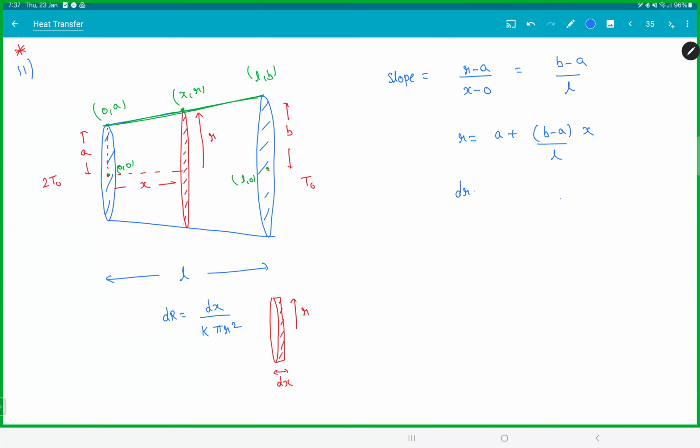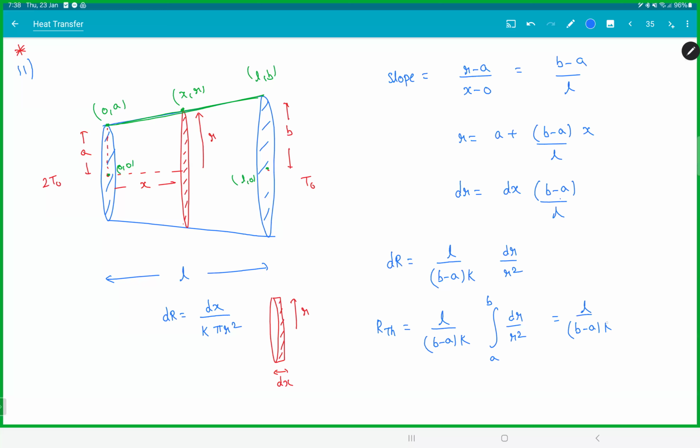So once I get this, dr will be dx into b minus a by L. Substitute here. So dR will be L by b minus a into 1 by k pi, dr by r square. Integrate on both sides. So this would be R thermal equals L by b minus a k pi, integral dr by r square. Limits will go from a to b. That would be minus 1 by r, limits from b to a.